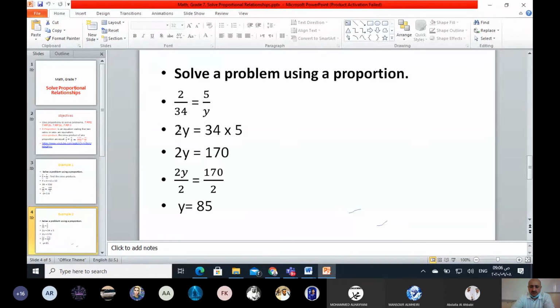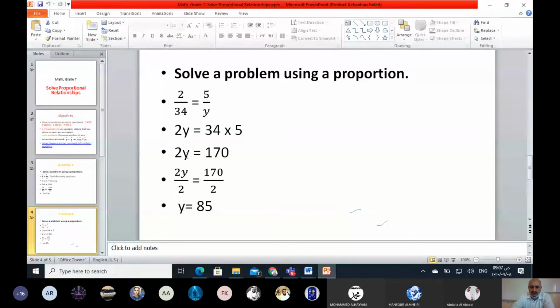Now 2 times y means 2y. 2y equals 5 times 34. Now here we have 2y and here we have 34 times 5, which equals 170. How to solve this equation?